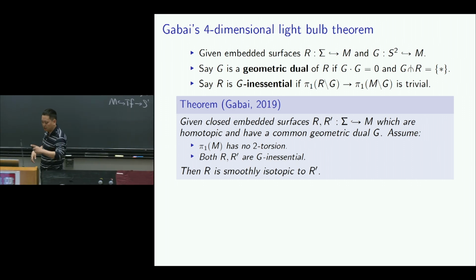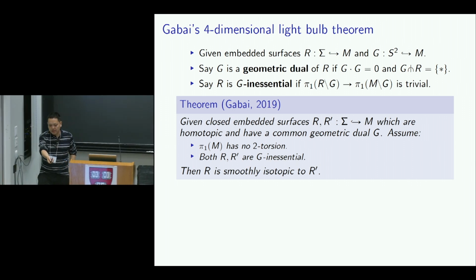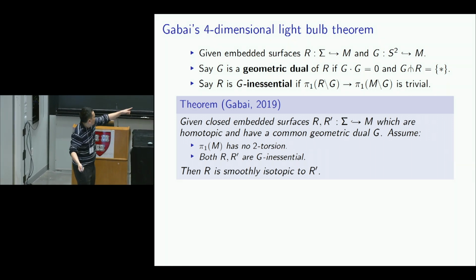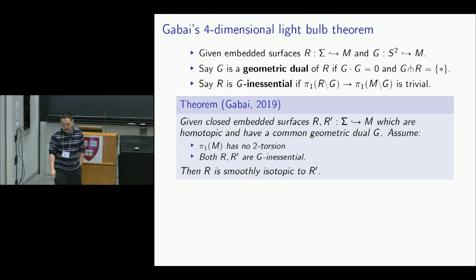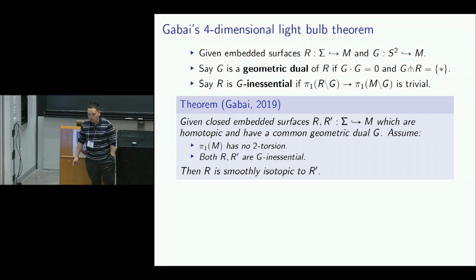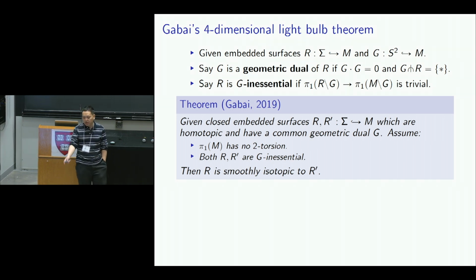The version I stated here is a slight variation of that result. It states that given two embedded surfaces, both closed, which are homotopic and have a common geometric dual, assume two conditions.